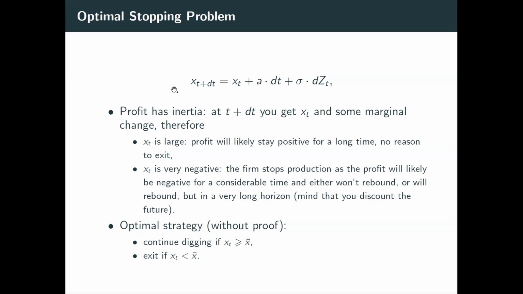So what is important about this form of profit is that it has inertia, right? Because if you have some X_t today, tomorrow your profit won't be that different from your current profit. And that is quite natural because it's believed that prices, for instance in financial markets, follow Brownian motions, right? That is, for instance, with zero drift. So your best prediction for tomorrow's price will be your today price, and some noise.